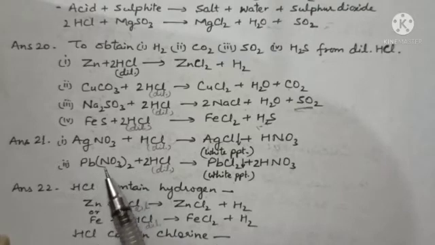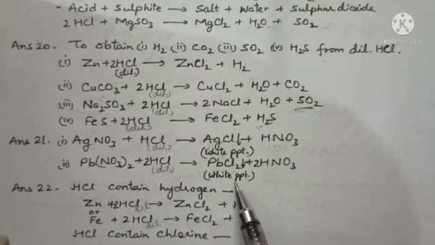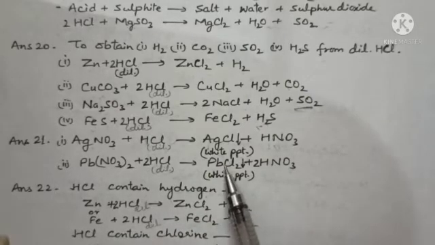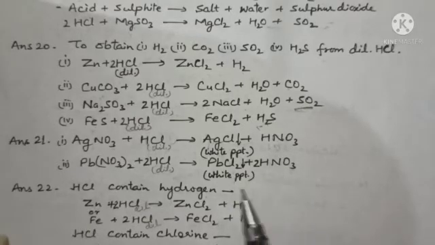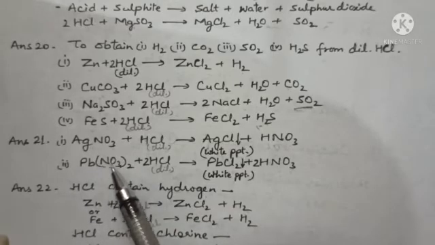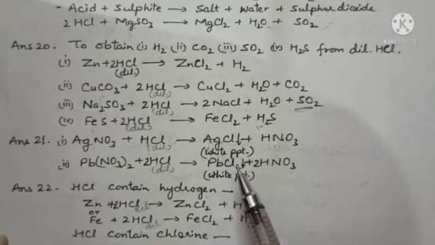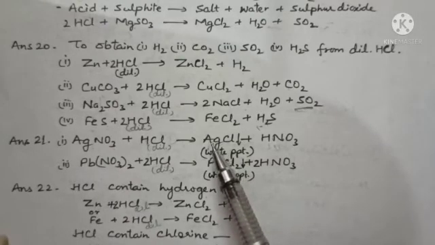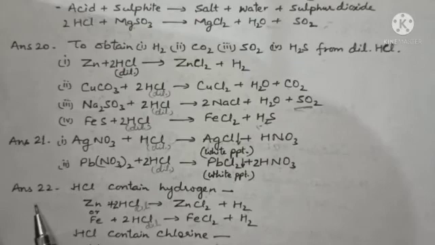In the same way you can give this reaction also: when lead nitrate reacts with dilute hydrochloric acid, you get an insoluble white precipitate of lead chloride and nitric acid. So when silver nitrate or lead nitrate reacts with dilute hydrochloric acid, you get an insoluble white precipitate of either silver chloride or lead chloride respectively, and nitric acid.